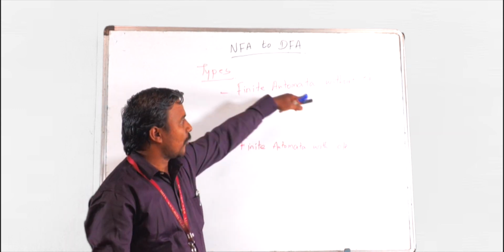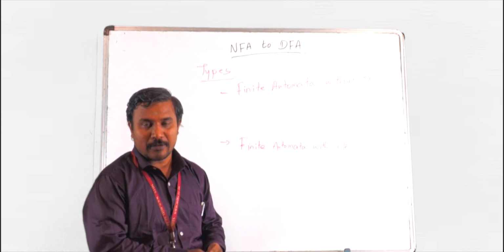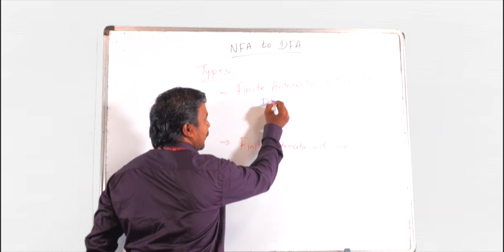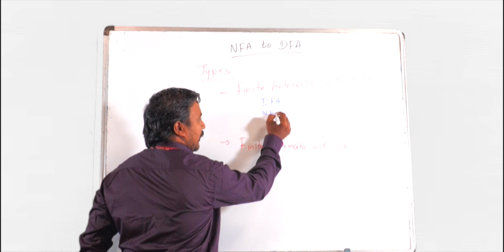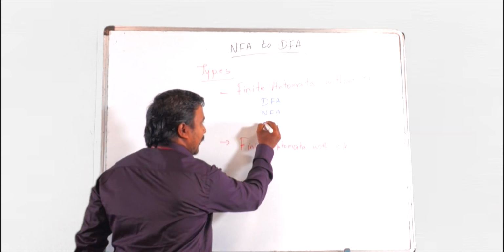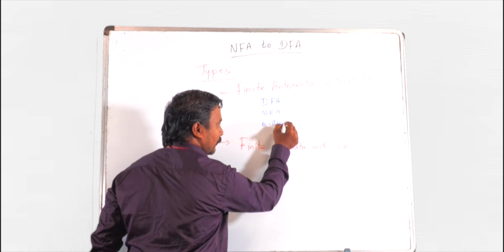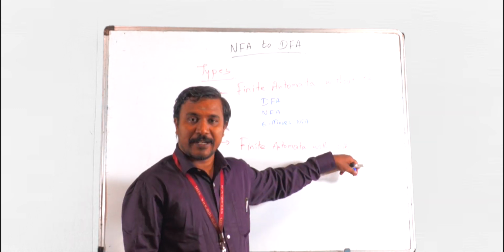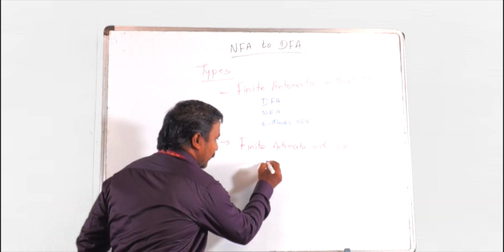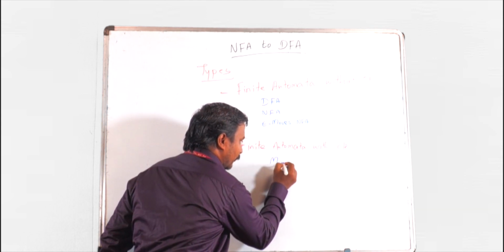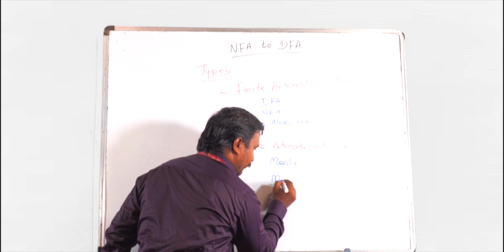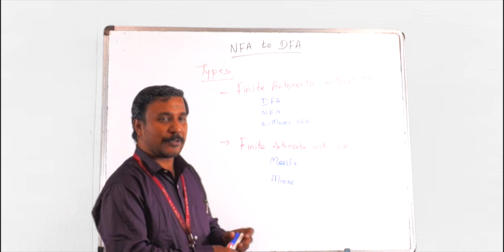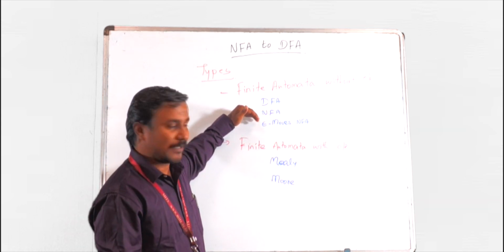In finite automata without output, we have three more types: the first one is DFA, the second one is NFA, and the third one is NFA with epsilon moves. When it comes to finite automata with output, we have two types, that is Mealy and Moore circuits. Now in this lecture, what we are going to see is how to convert the NFA transition into DFA.